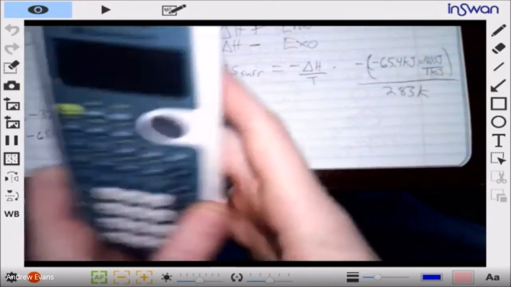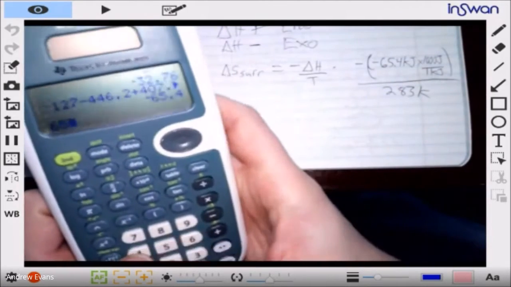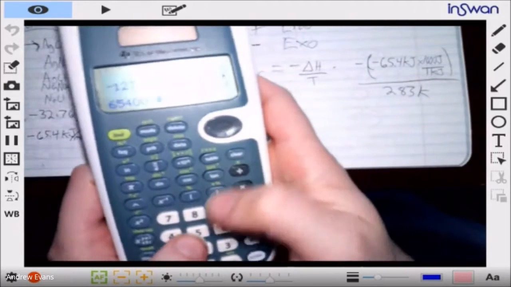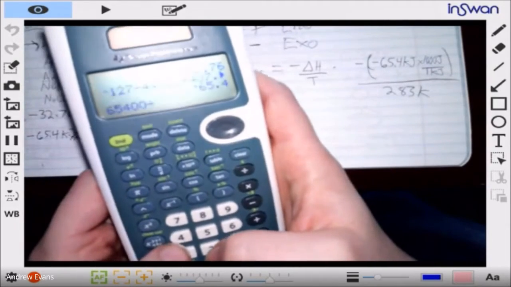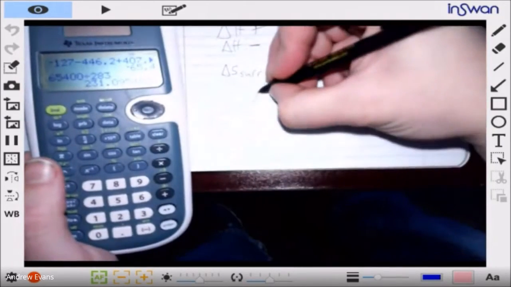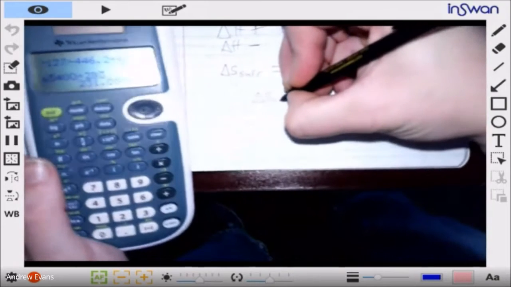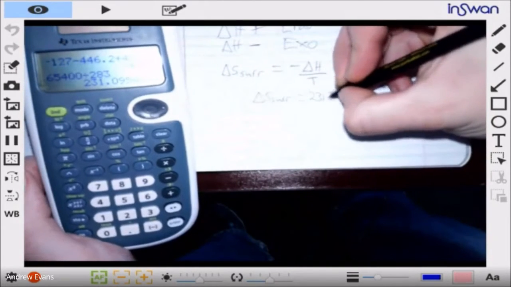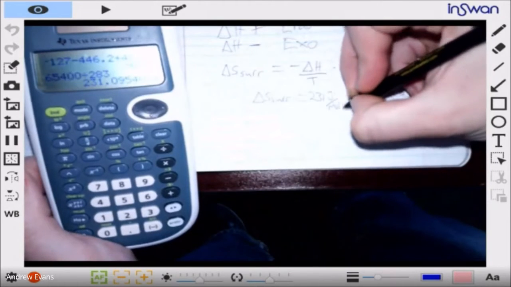So we have positive 65,400 divided by 283. So the delta S surroundings is 231 joules per mole Kelvin.